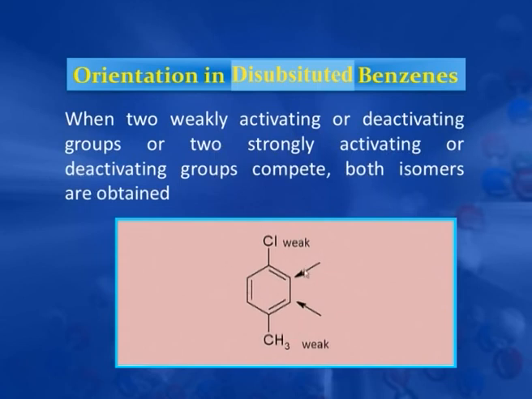So, this ortho position is meta to Cl and this is meta to methyl, but here both isomers will be formed, ortho to this chlorine and ortho to this methyl.